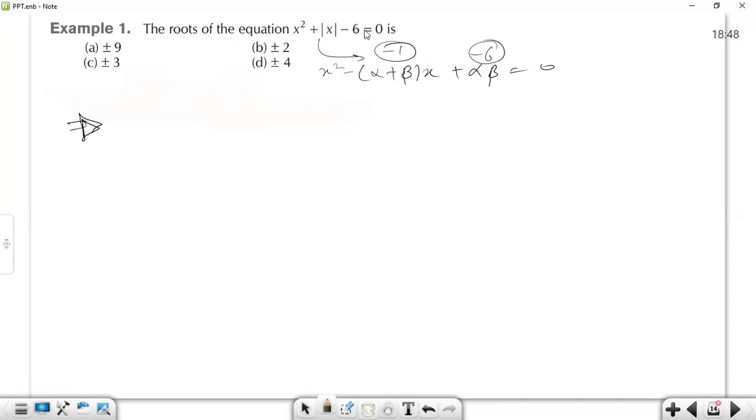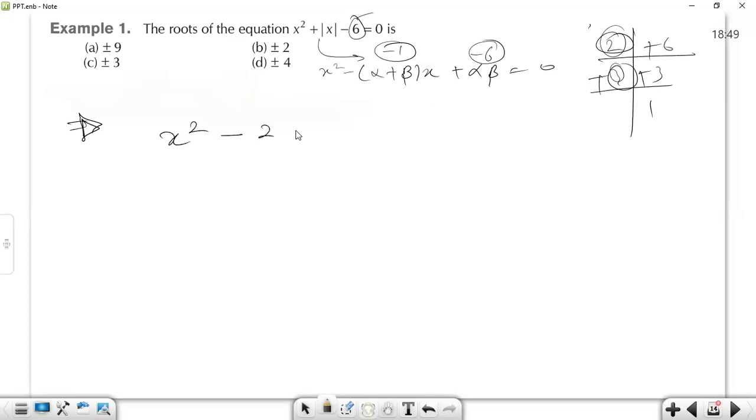Understood? Yes, sir. Simply take the factors of the product of roots, minus 6. The negative sign may also change, so find two numbers without the negative sign and then look at adding or subtracting them, whether they satisfy our need or not. Here 2 and minus 3 will do our job.